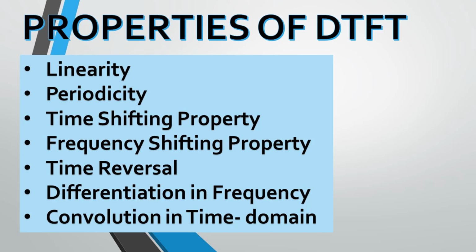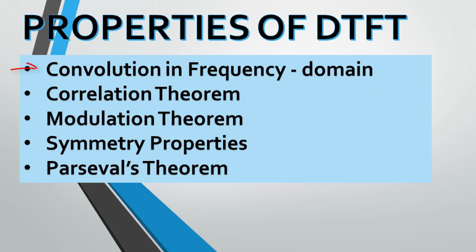Here are some of the key properties of DTFT: linearity, periodicity, time shifting property, frequency shifting property, time reversal, differentiation in frequency, convolution in time domain, convolution in frequency domain, correlation theorem, modulation theorem, symmetry properties, and Parseval's theorem. These are different properties of discrete time Fourier transform. We will discuss these properties in detail.